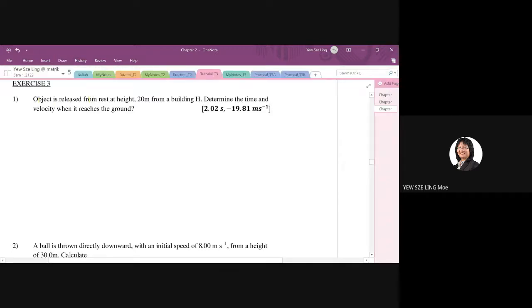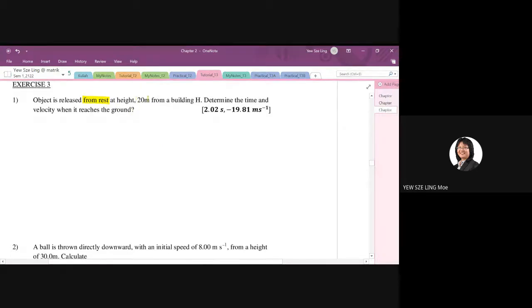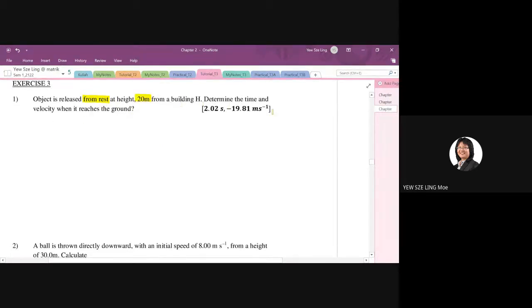Object is released, again, you see, from rest. The question doesn't tell you what is the value of initial velocity, but they give you in terms of words. So rest again, it represents 0. At a height of 20 meters from building H, determine the time and velocity when it reaches the ground. So let us sketch a diagram first.